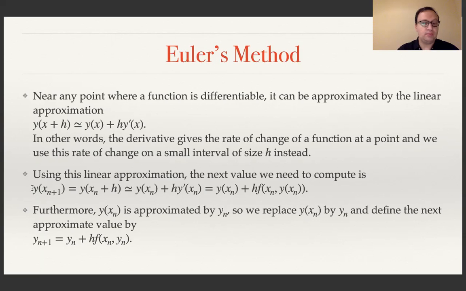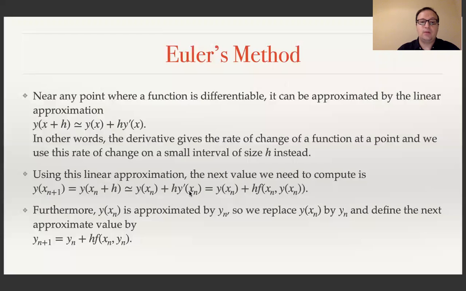So then, using this approximation, we can say that the value of y at the next point in the grid, xn plus 1, which is xn plus h, we can approximate by y of xn plus h times y prime of xn.